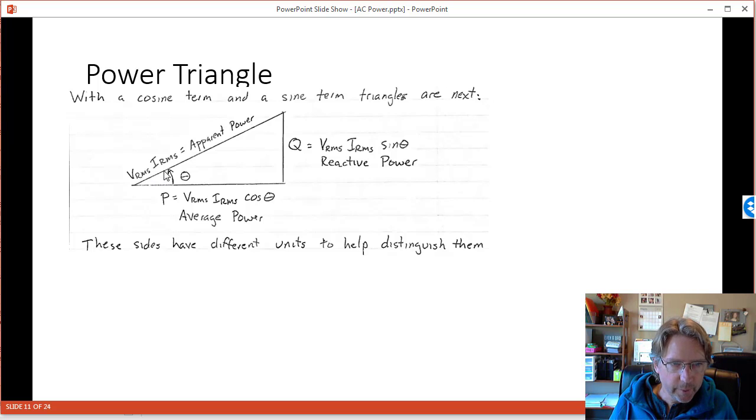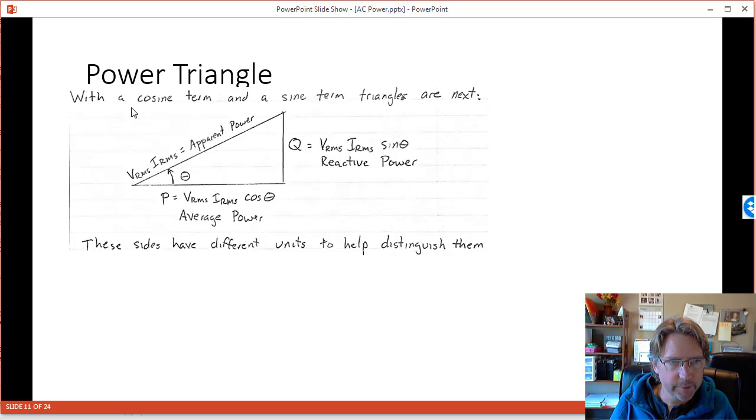So the hypotenuse here is VRMS times IRMS. That's called apparent power. The bottom leg here, adjacent, I guess, is P. It's the average power, or just the power, VRMS, IRMS, cosine theta. And then the opposite side here is Q. That's the reactive power, VRMS, IRMS, sine theta.